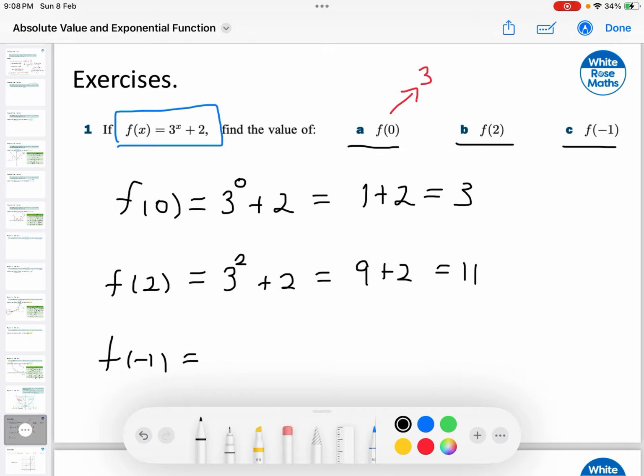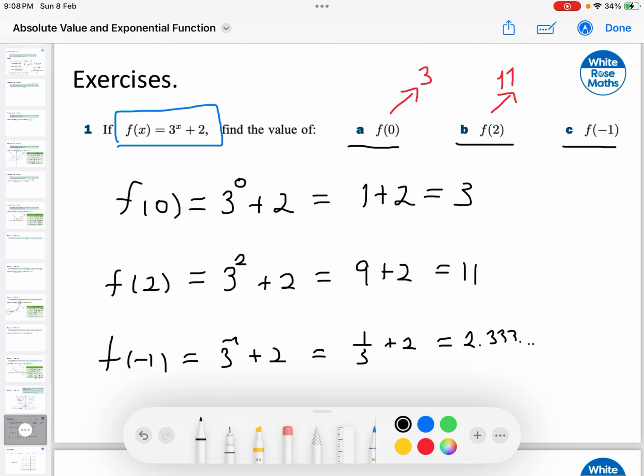And finally, what happens with -1? So f of -1, the answer for the previous one being 11. That means 3 to the power -1, plus 2. That's the same as 1/3 plus 2, and you can say that this is 2.333.